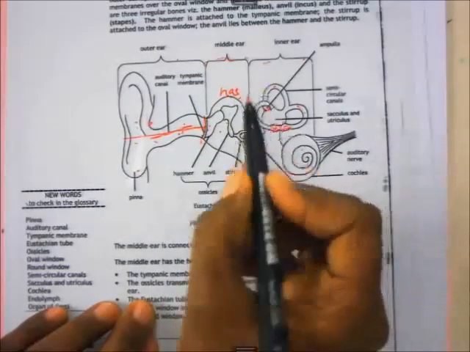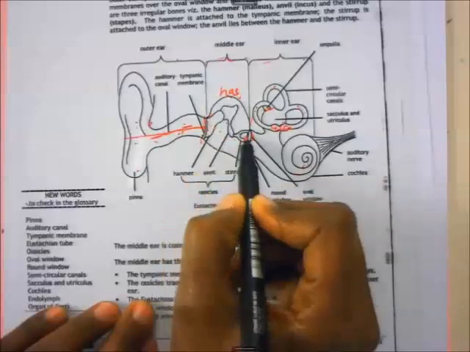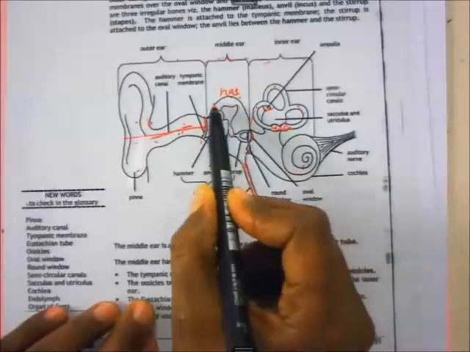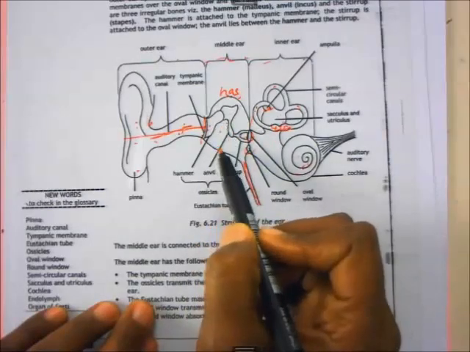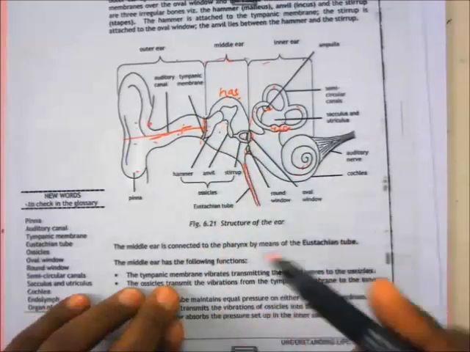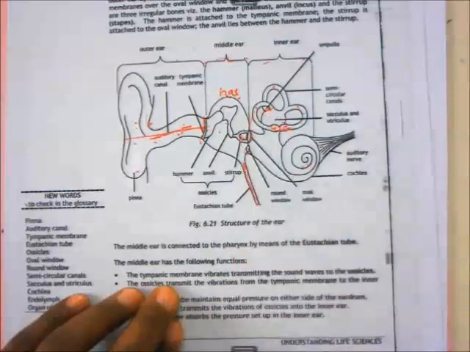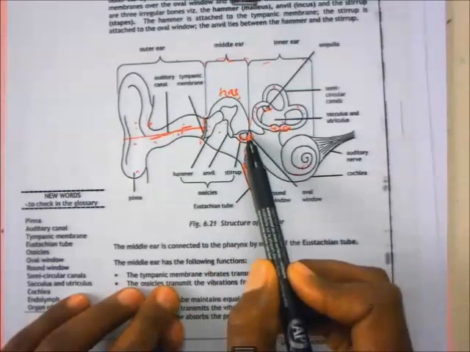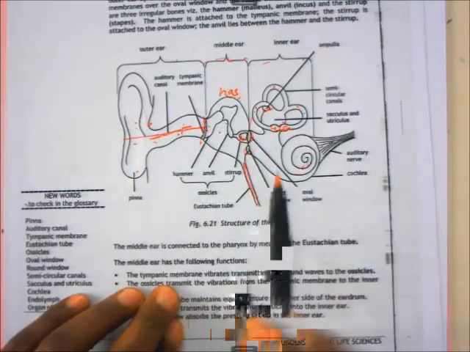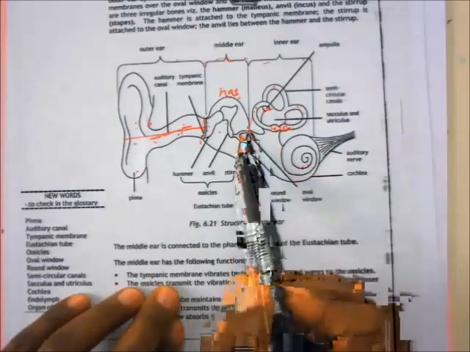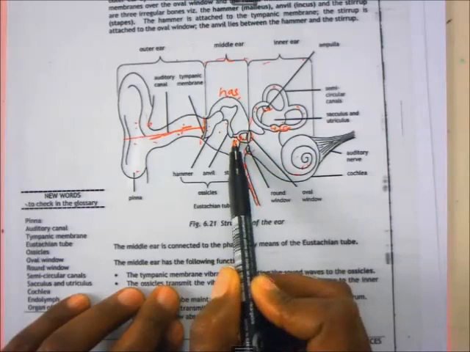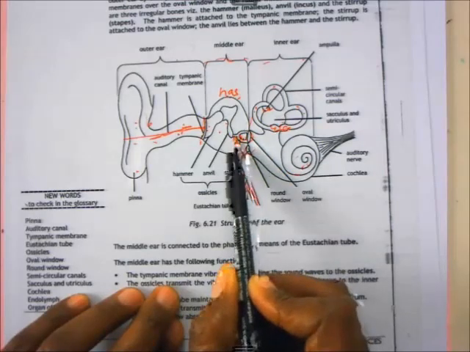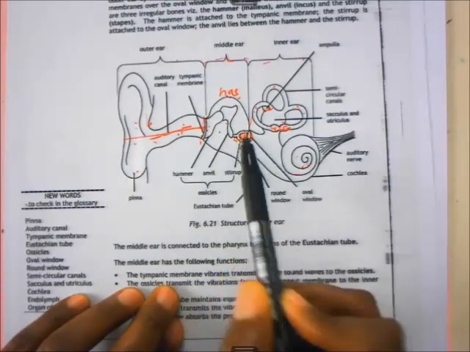The collective function of the three bones is that they amplify the vibrations. I said the stirrup is resting upon the oval window. The function of the stirrup is to pass the vibrations to the oval window.